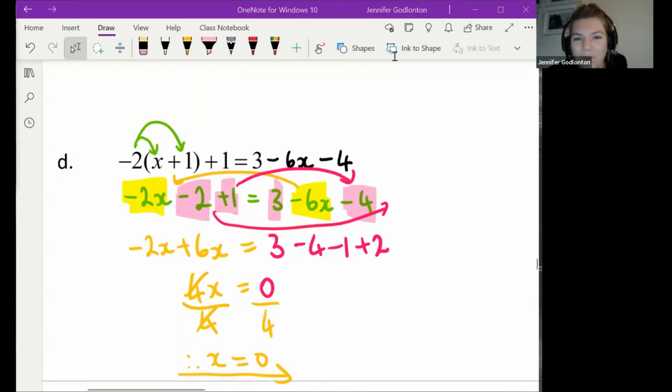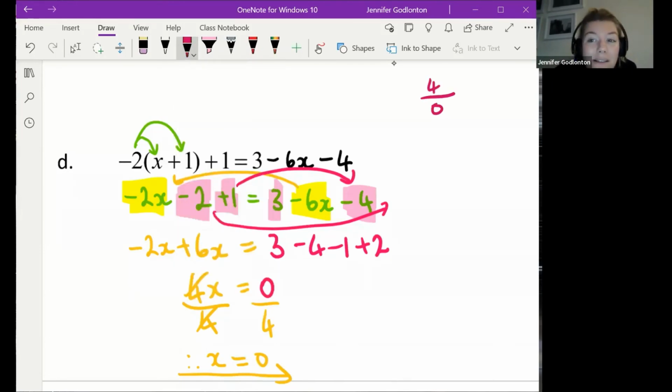Yusuf, how can I help? Ma'am, this is incorrect, because you cannot get 0 if 0 divided by 4 is undefined. Anything divided by 0 is undefined. So if I have 4 divided by 0, that's undefined. So in the exam, if we get to the step that says 4, do we write 0 or do we write undefined?